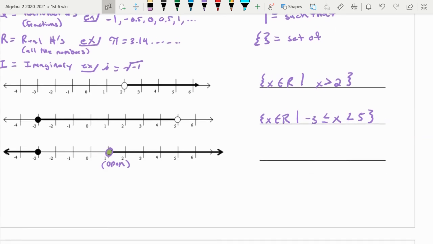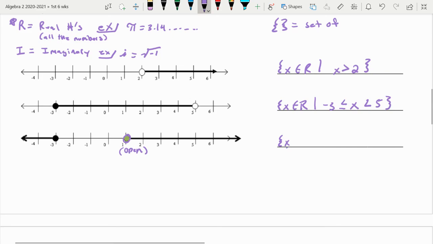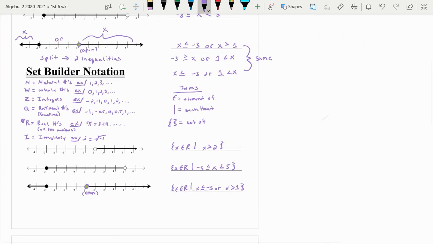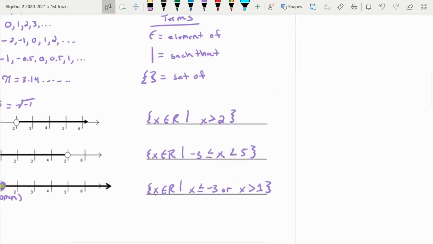But for now, we'll use real numbers. So for this interval, set of x is an element of the real numbers such that x is less than or equal to -3 or x is greater than 1. Close the set. All it did was include the inequality in there, declaring a number system, and using some math terms.